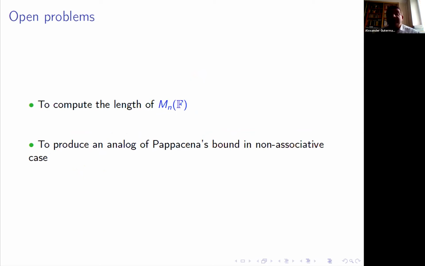Computing the length of a matrix algebra in whole generality is open, the so-called path. And the analog of the Paparella bound in the non-associative case, where you use 2 parameters, is also open. Yeah, maybe I stop here.